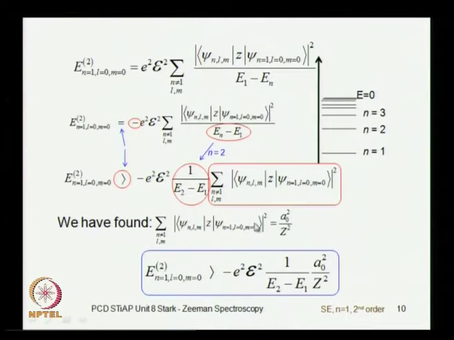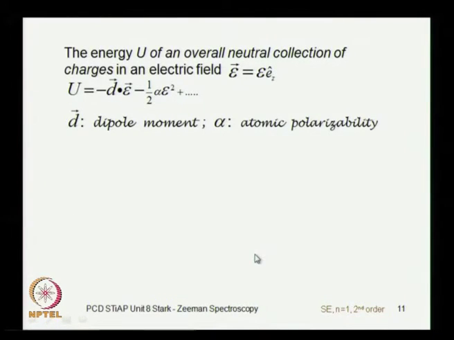Using this a0 square over z square, we find this bound, which is the second order correction to the ground state of the hydrogen atom due to the Stark effect, will be certainly greater than this quantity over here, which is 1 over E2 minus E1, and you know what E2 minus E1 is, so you can find that out, okay? So, all you do is to plug in the numbers and you can get this.